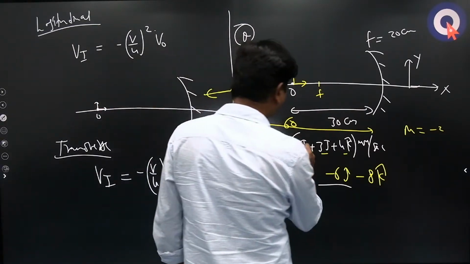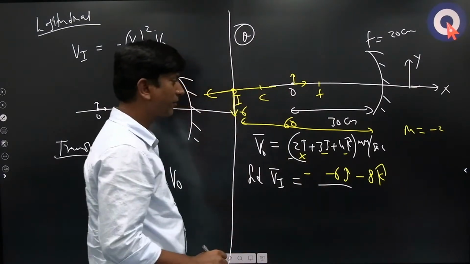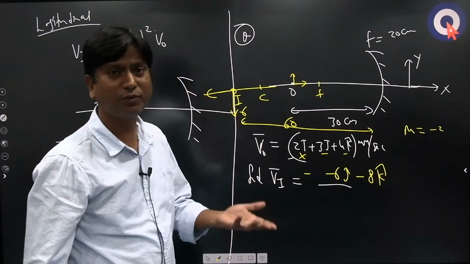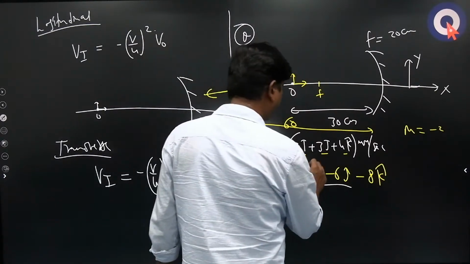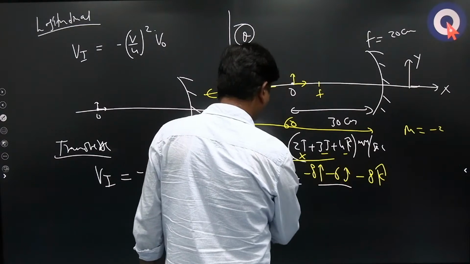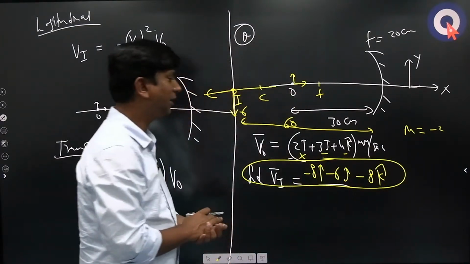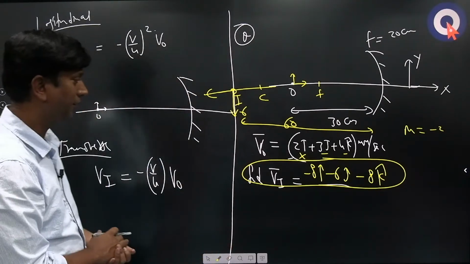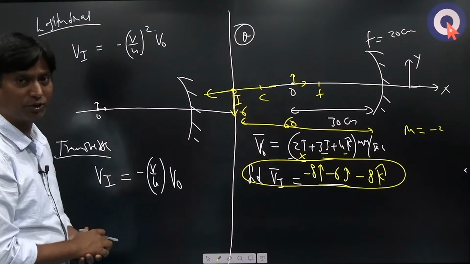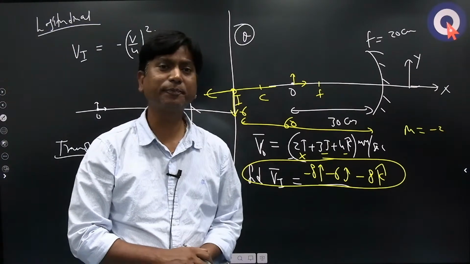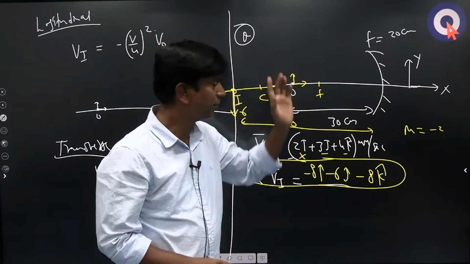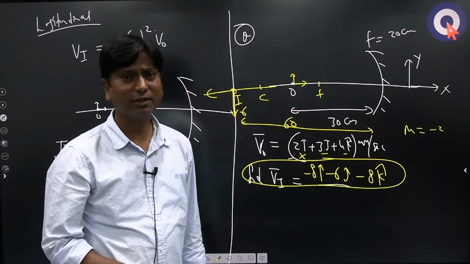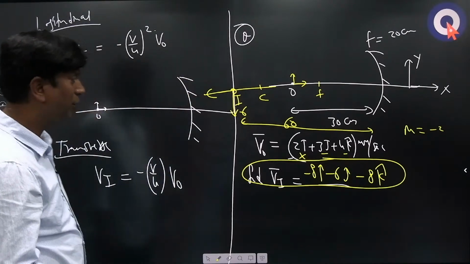That is why here also you get minus and m square. m is 2, square is 4, 4 into 2 is 8. So the velocity of the image is minus 8 i cap, minus 6 j cap, minus 8 k cap. These are the types of questions we generally come across when you talk about speeds, using vectors in front of the mirrors. Okay, right. So we'll proceed to the next question here.